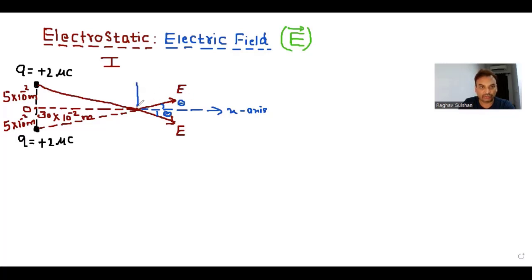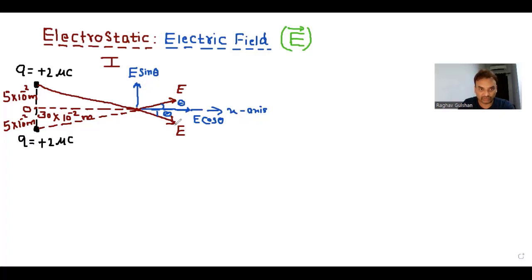One component will be the vertical component, which will be E sine theta, and the other component will be the horizontal component along the x-axis, which will be E cos theta. So I resolved this electric field, which is at angle theta, into two components: E sine theta as a vertical component, and E cos theta as a horizontal component.